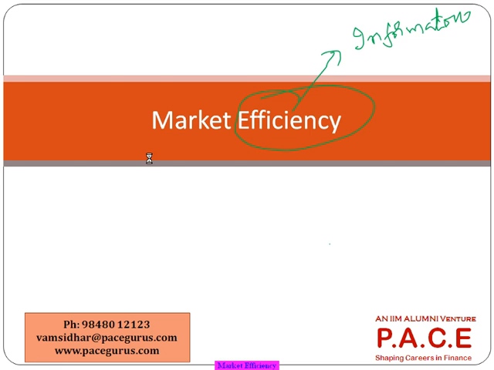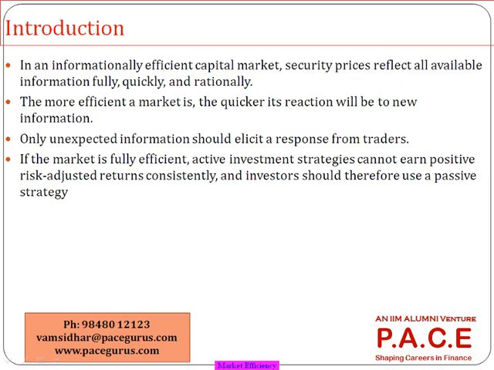So when this chapter on market efficiency is being looked at, we are talking about information efficiency. That's where the statement says security prices reflect all the available information fully, quickly and rationally.